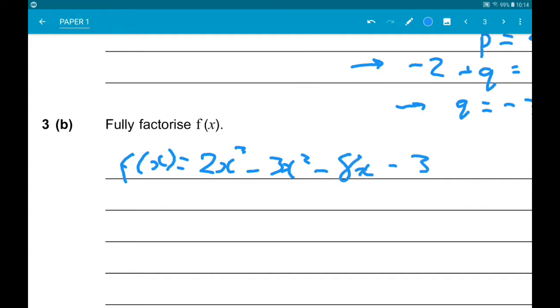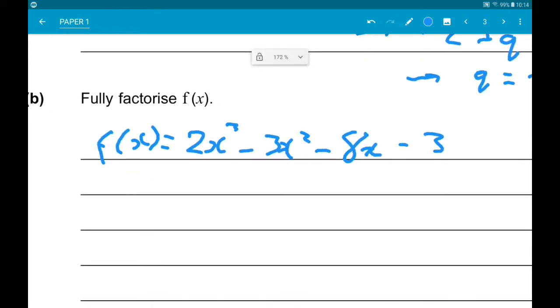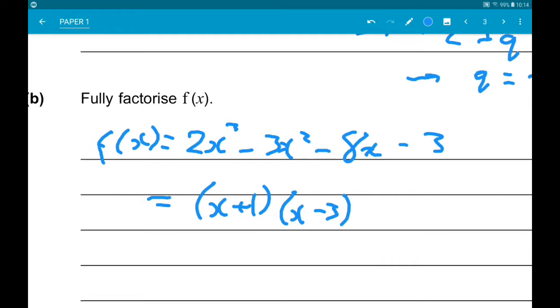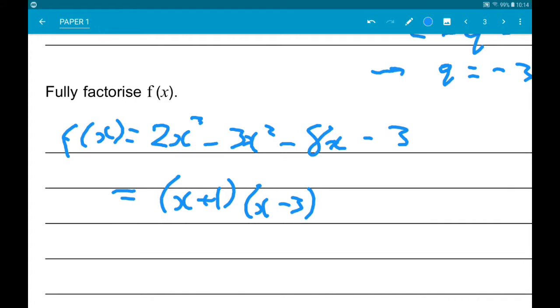Now we also know that we can write f of x as x minus 3, x plus 1, times another linear factor, which we're going to call ax add b.